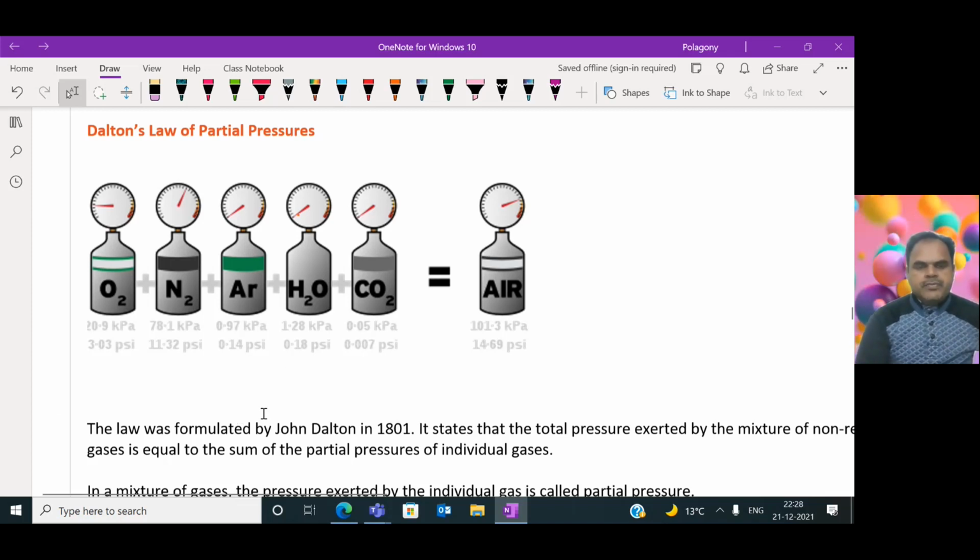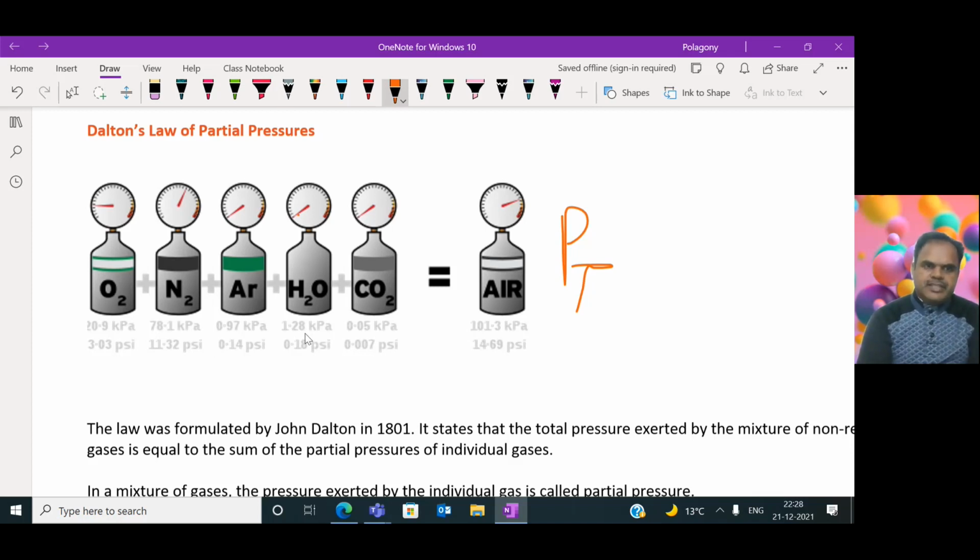This law was formulated. What does Dalton's law of partial pressures talk about? The total pressure exerted by the non-reactive mixture of gases is equal to the sum of the partial pressures of the individual gases present, at a given temperature and for a fixed volume of the gases.